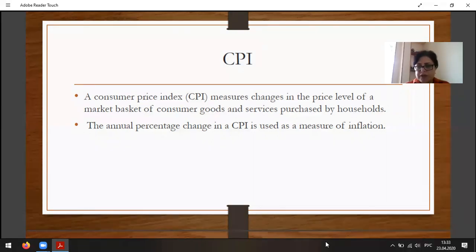The annual percentage change in CPI we can use to measure the inflation rate.